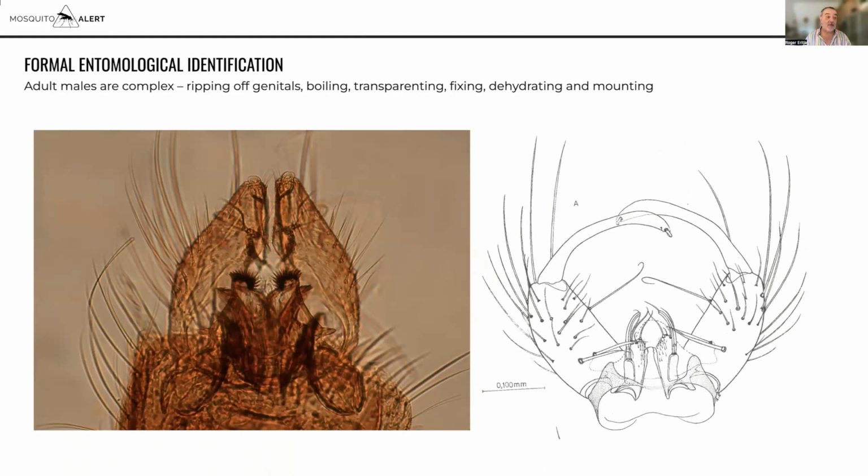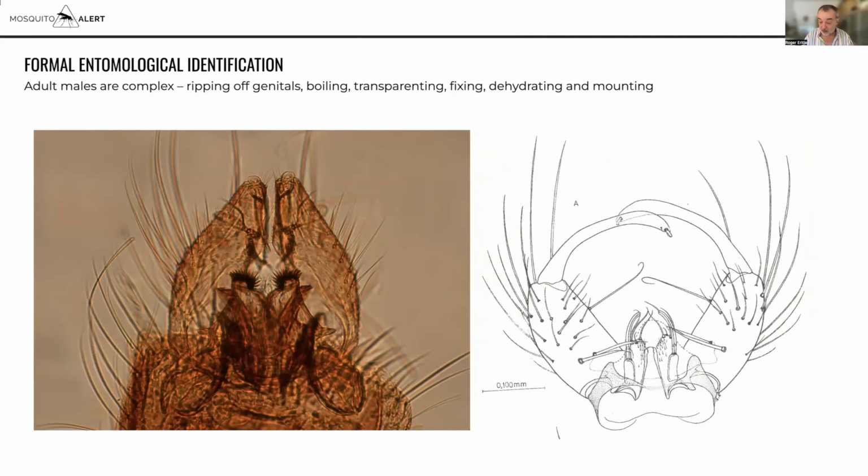As a side note, maybe on the funny side, we can also identify adult males, but this is quite complex because you need to prepare the genitals. You have to dissect the male genitals, boil them, take them apart, make them transparent, fix them, and follow quite a complex process, ending with mounting and examination in the microscope.